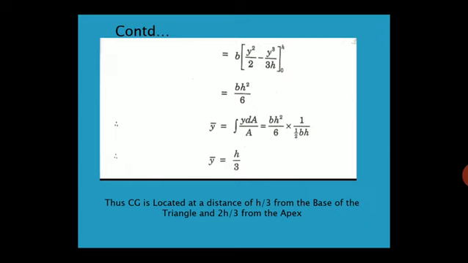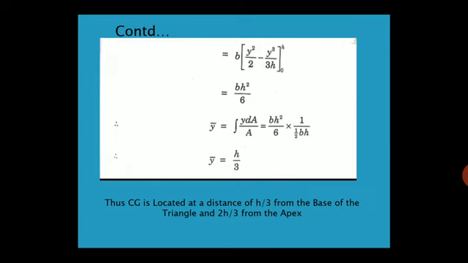What does that mean? From the base of your triangle, the y bar lies at what height? h by 3. That means, for example, if the height of the triangle is 6 meters, your y bar, that is the centroid from the base, will lie at what height? 6 divided by 3, which is 2 meters.